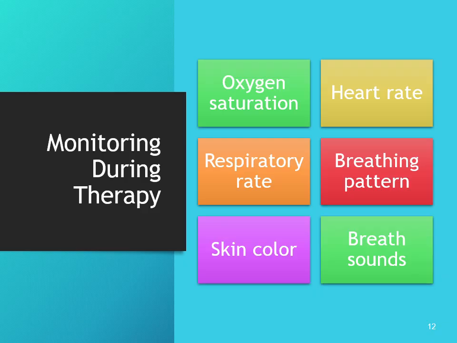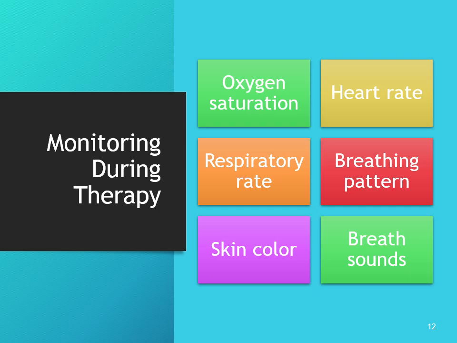Are they on oxygen? Do they need to be? Is it dropping? Is it changing? These are all things that you need to watch. How's their skin color? Make sure that you're watching skin color as well. So that is important when you're assessing therapy.